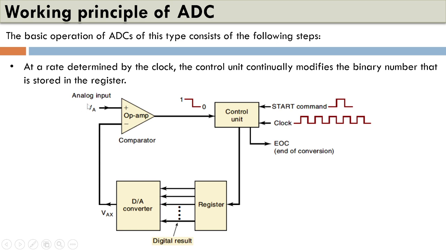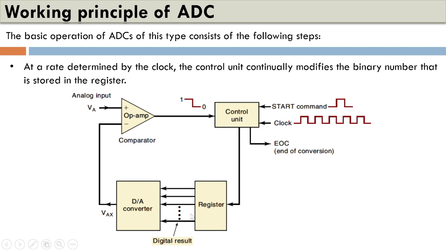Now there is an unknown voltage available at VA. We will have to somehow get the corresponding digital result at the output. So when we apply the start of conversion to the control unit, there is a clock provided into this control unit which will trigger this register, and it will try to change the binary number stored in the register.